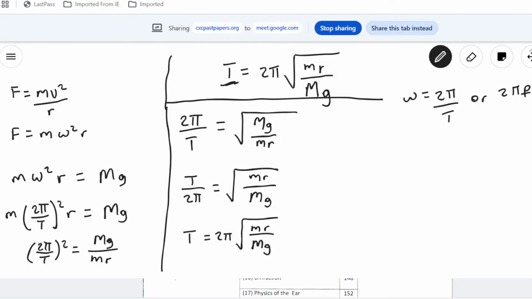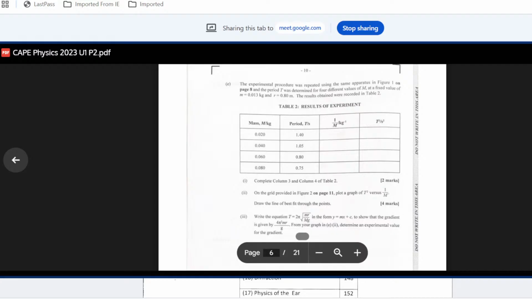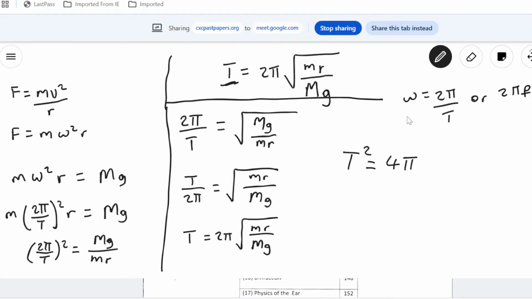If you square both sides, you're going to end up with T squared equal to 4 pi squared m r over m g.